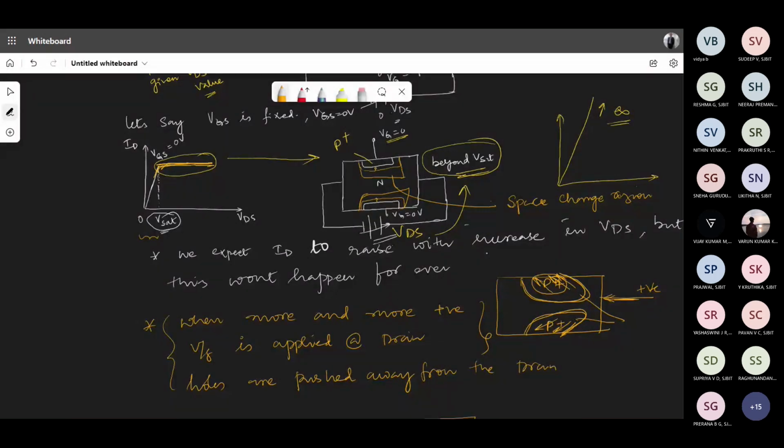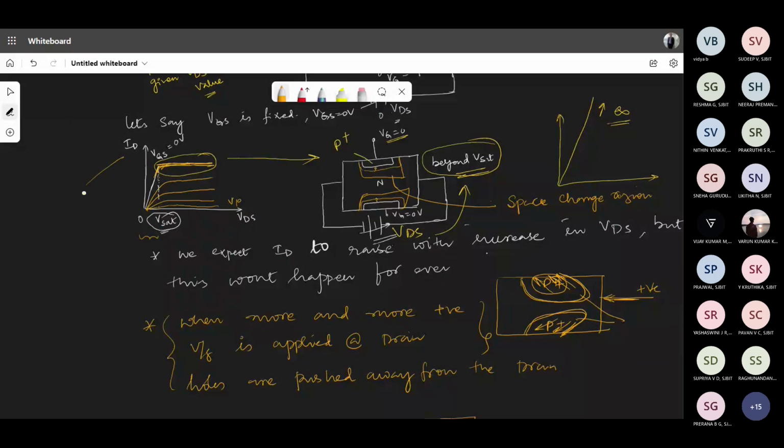And for every raise in the VGS value, if it becomes negative, what you observe is a graph like this, which all of you have seen in the laboratory when you did the simulation experiment. So you get different graphs like this, and the point reaches where the current becomes equal to 0, which is at pinch off. That is all about the output characteristic curve of a JFET.